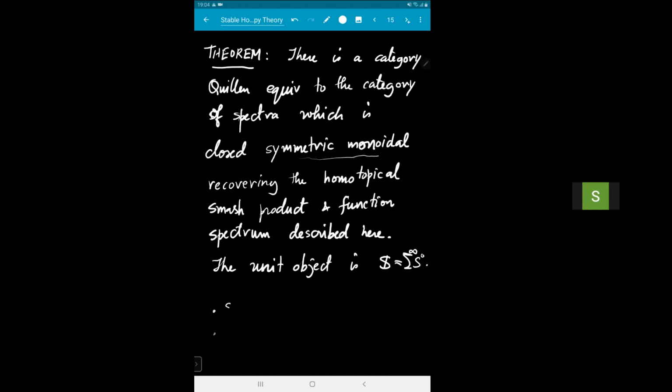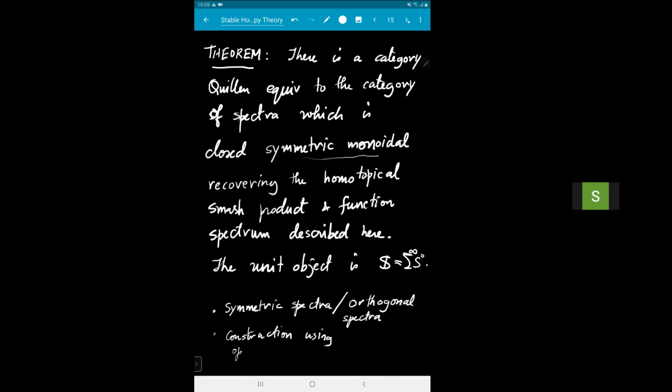One is the category of symmetric spectra or orthogonal spectra, and another is a construction using operads, which I don't want to elaborate at all.